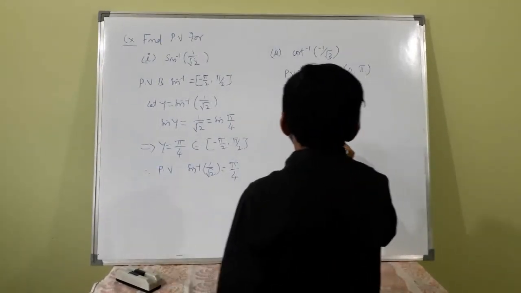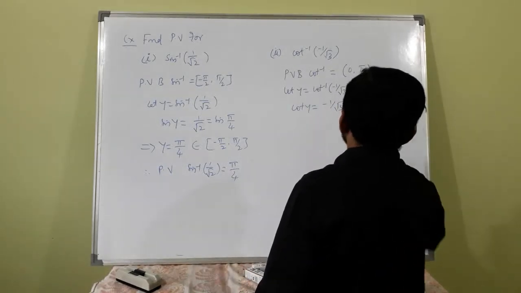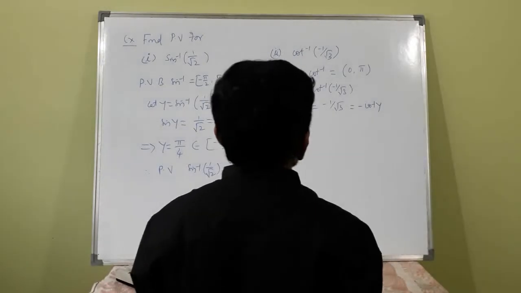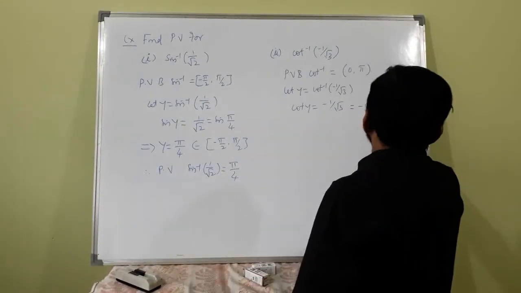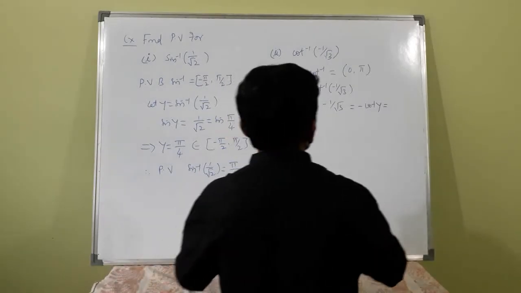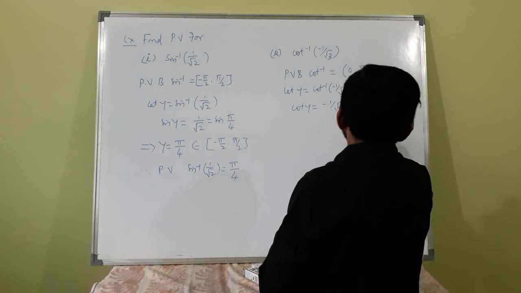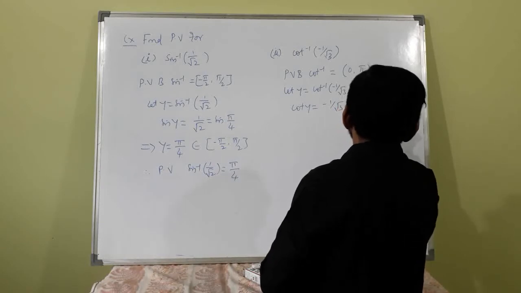Therefore, minus cot y is equal to minus root 3, meaning minus cot π/3.